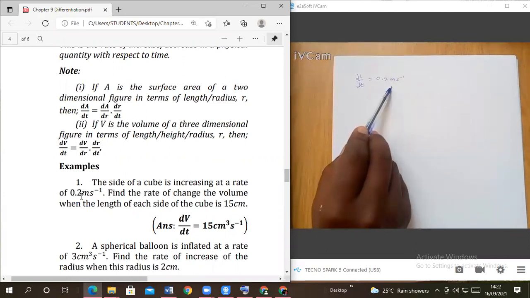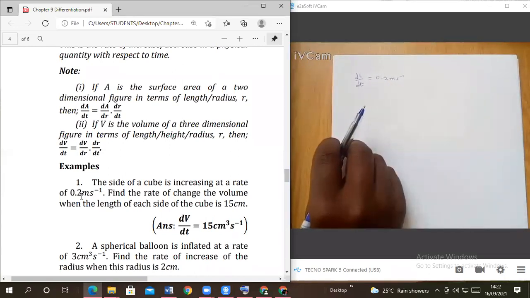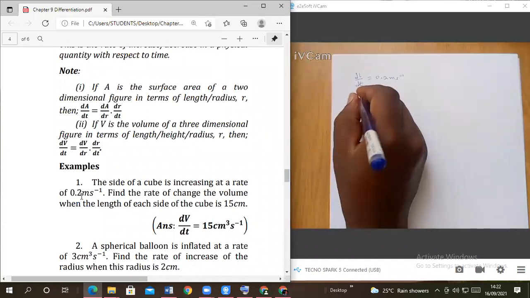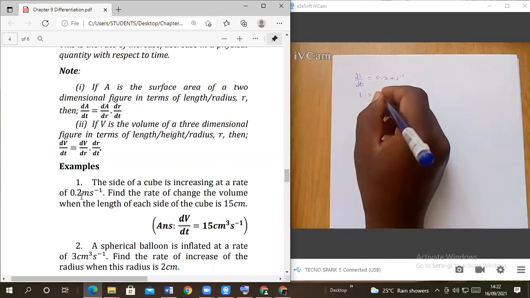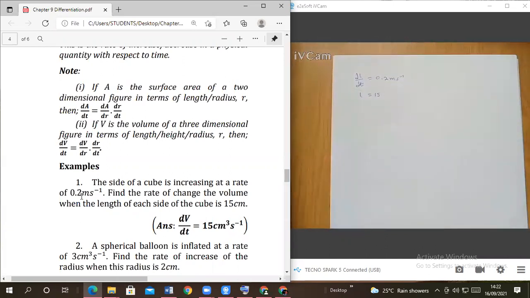Then they are saying find the rate of change of the volume at a time when L is 15 meters.